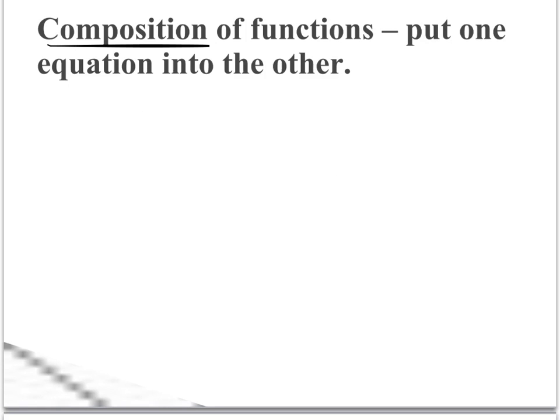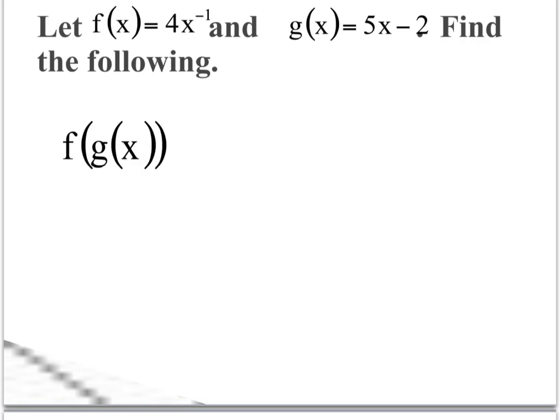Now composition. Composition is when we're going to put one equation into the other one wherever we see an x. So let's see how that happens. In this case, we want to put the g of x inside the f of x. And we want to put that everywhere where we see x, because we want to plug this in for all the x's.